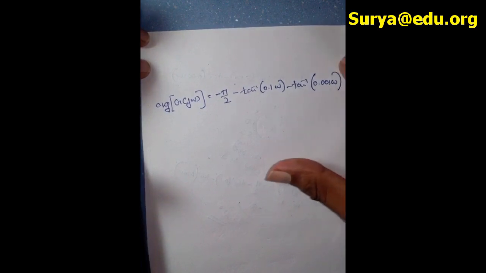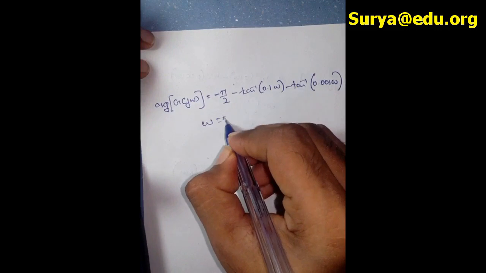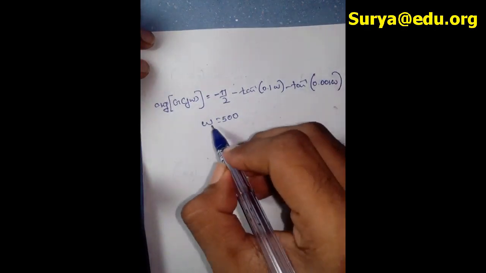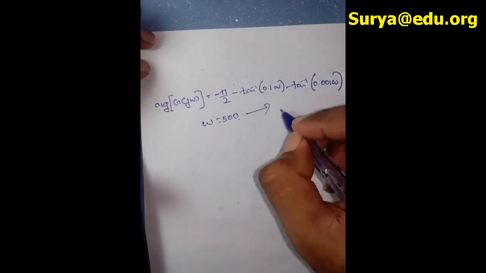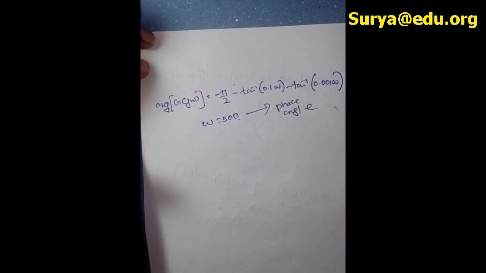Okay, right? So now put another value. So let's put omega equals 500, because when you are putting omega equals 500, by this equation you can find the phase angle.